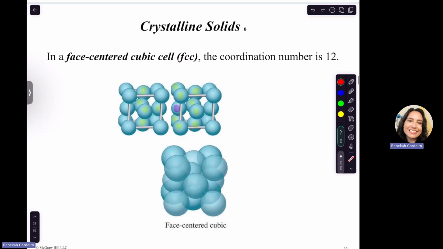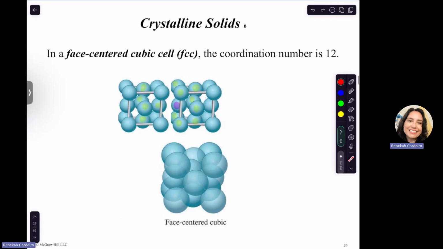Face-centered cubic, the coordination number is 12. This one's kind of hard to see, so we pick our middle atom here in purple. I couldn't splice these images on top of each other, but this one is the same as that one, so my purple one is actually the same here.